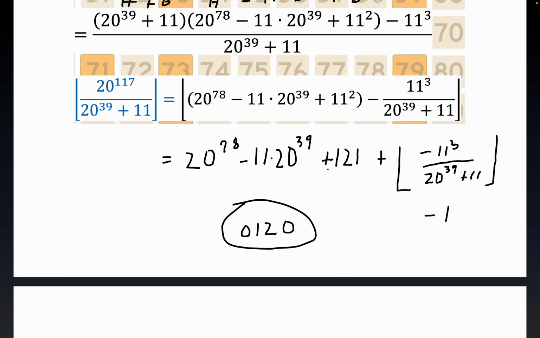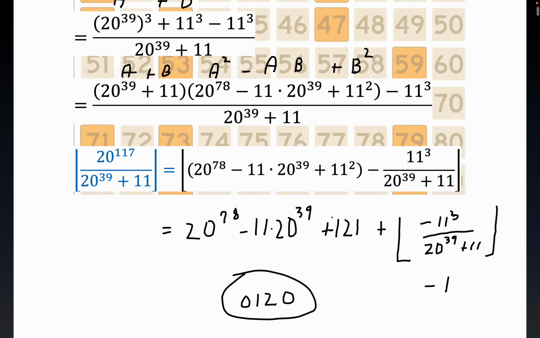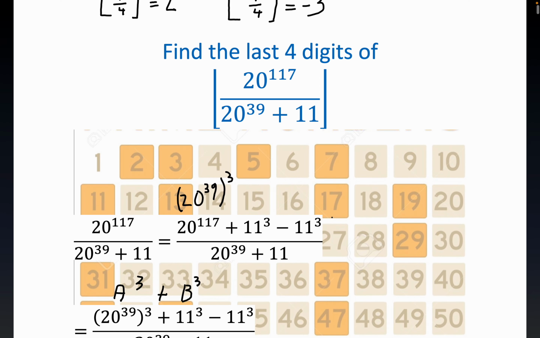A little bit of hand waving right here, but this is just padded with 39 trailing zeros. If you add 121 to that, you would have 38 more zeros in front of it. So this is the last 4 digits, and it's the final answer. I'll write it right up here: the last 4 digits would be 0, 1, 2, 0.